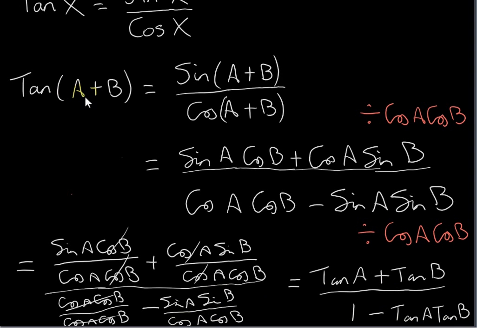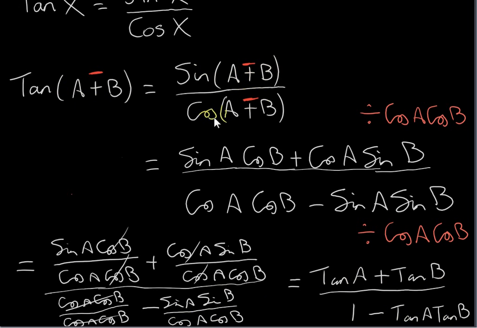So now we've written the tan of the compound angle A plus B in terms of the tan of the component angles A and B. Now what about tan A minus B? So I'll just stick a minus sign in here.